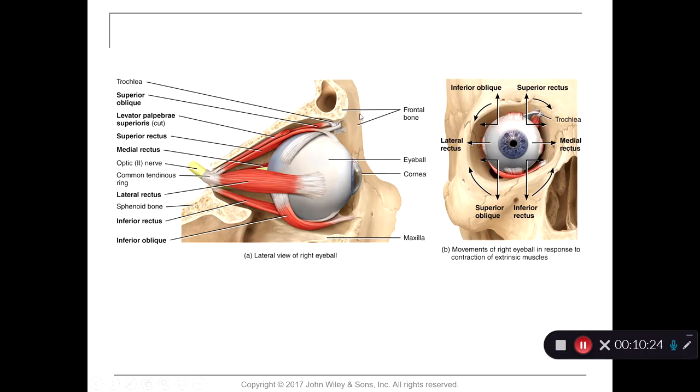If it pulls down on it, it will rotate the eyeball down inferiorly and more medially, while the inferior oblique is anchored or originates here with an insertion point in the lower portion. If it were to get tugged, it would cause the eyeball to go more laterally and inferior as well.